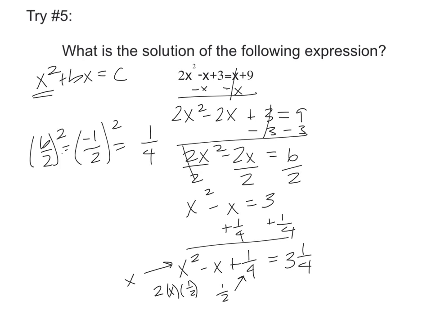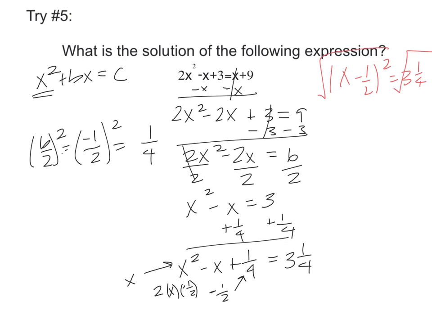And in this case, that would give us positive 1x, and that's not the case. We actually have a negative x, so that means that the 1/2 needs to be negative. So when I rewrite this as a perfect square, I would have x minus 1/2 squared equal to 3 1/4.